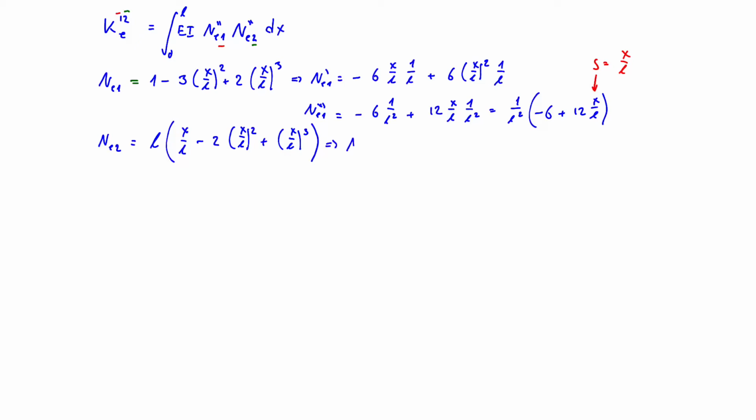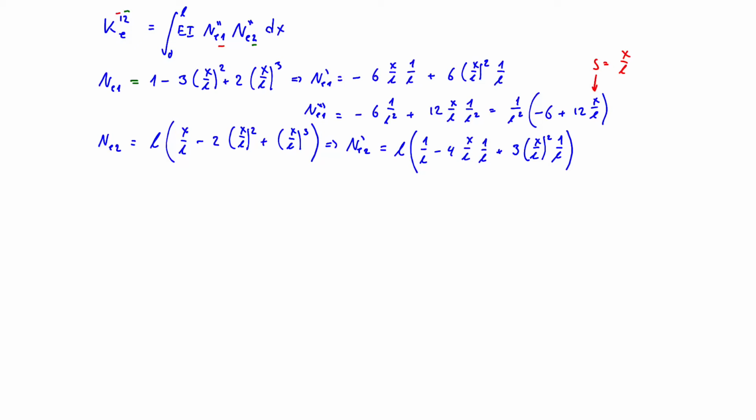Then we will have the first derivative of NE2. That will again have common factor L. We will have 1 divided by L for the first term minus 4x divided by L, 1 divided by L plus 3 x divided by L squared, 1 divided by L, closing the parenthesis.